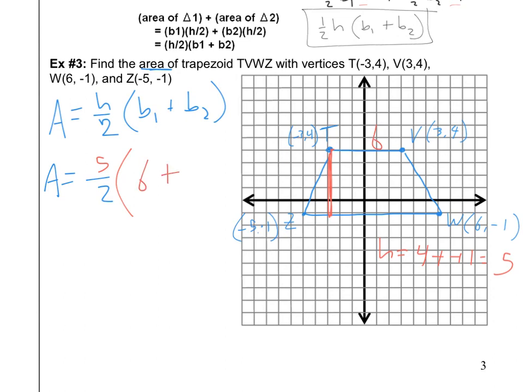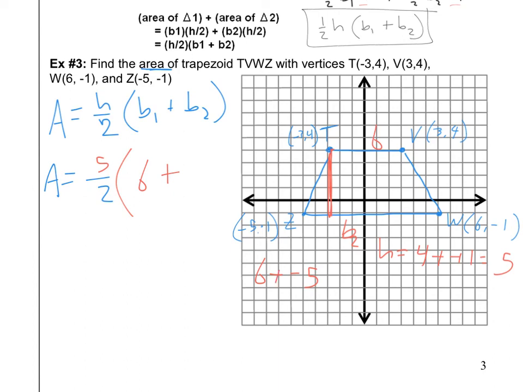Now let's do the bottom one. Again, we can just count. Now this one's getting kind of long, so maybe counting's not that great of an idea. So I'm going to look and see that I'm going from -5 to +6. So for base 2 here, I'm going to go 6 minus -5. As long as you always do the bigger number minus the smaller number, so that means the positive minus the negative, this will work just fine.